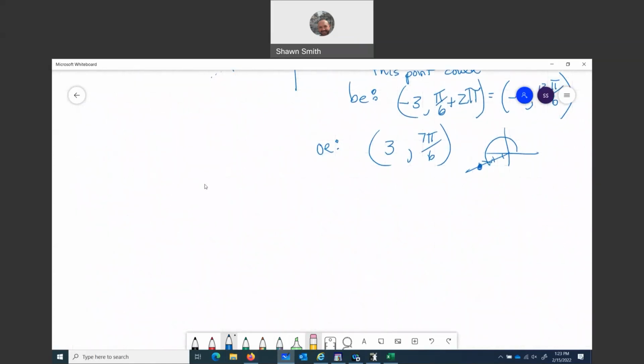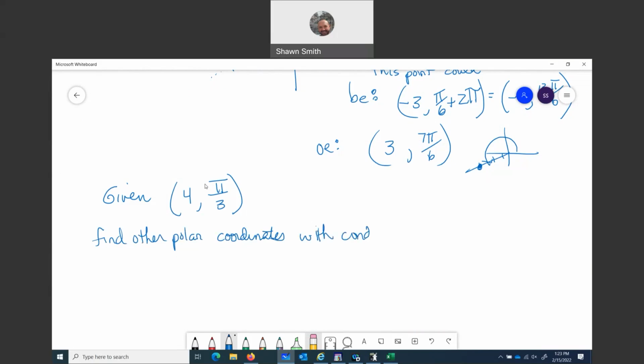All right, so y'all try this one. Given 4, pi over 3. Find other polar coordinates with the conditions: A, r is greater than 0, and theta will be between 2 pi and 4 pi.